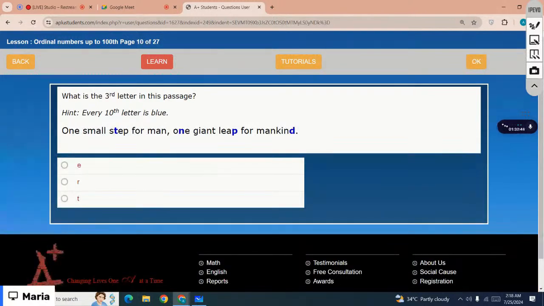What is the third letter in the passage? E is the correct option.